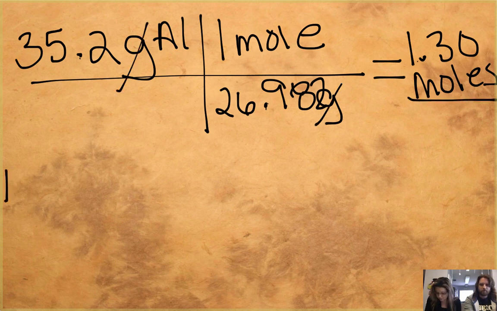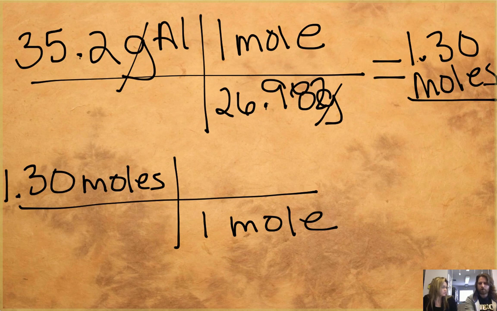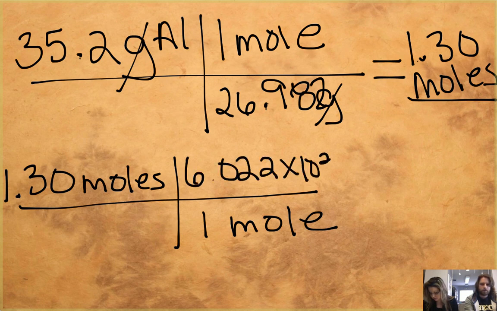Okay, so if I have 1.30 moles, I'm not done yet because I want particles. So, set up my train tracks again. I'm going to put 1 mole down here because I want my moles to cancel. And I'm multiplying. We're converting to particles now. So I put Avogadro's number on the top, 6.022 times 10 to the 23rd particles.